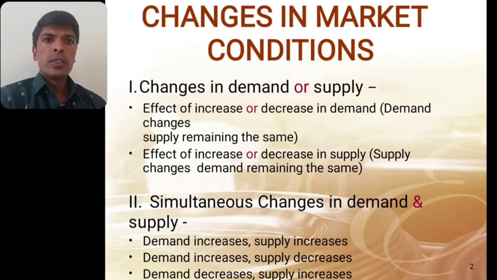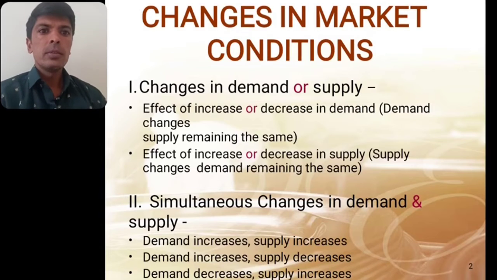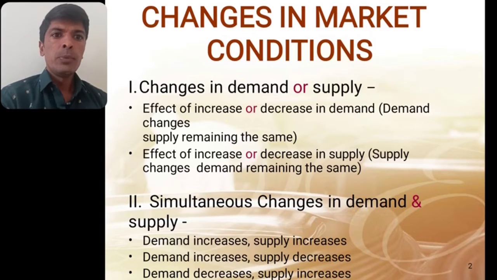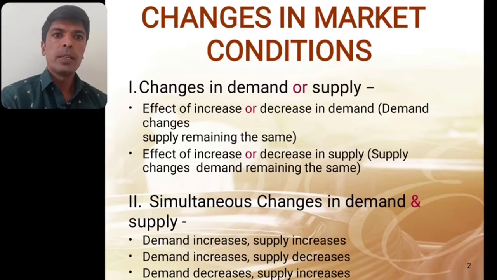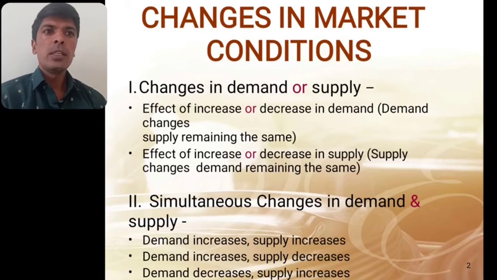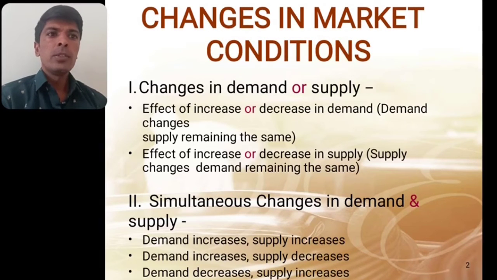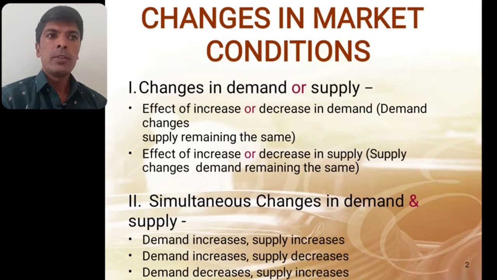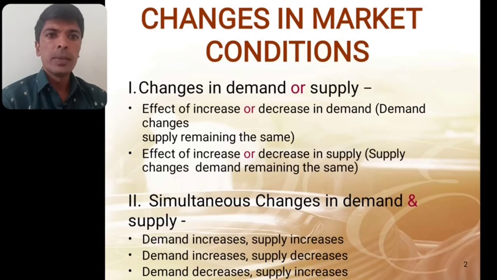There are two conditions: change in demand or supply, and second, simultaneous change in demand and supply. First, change in demand or supply. Effect of increase or decrease in demand will be called demand change. Supply remains the same. There is no change in the supply.